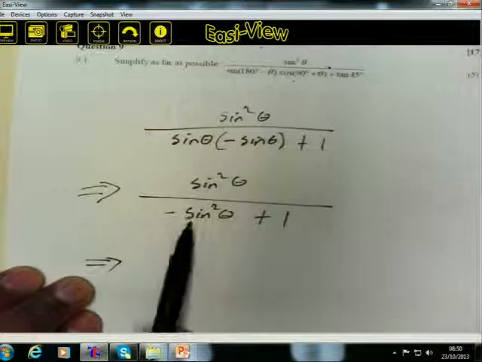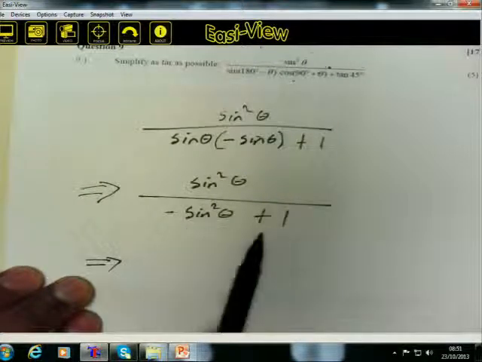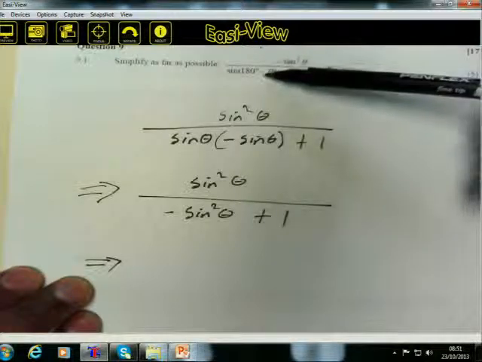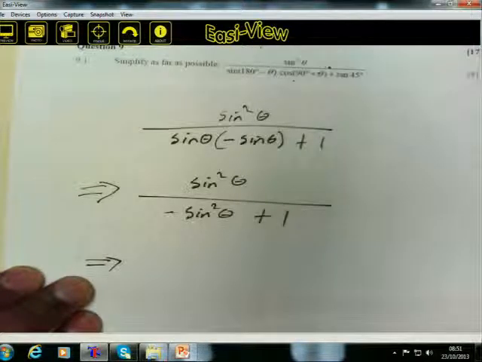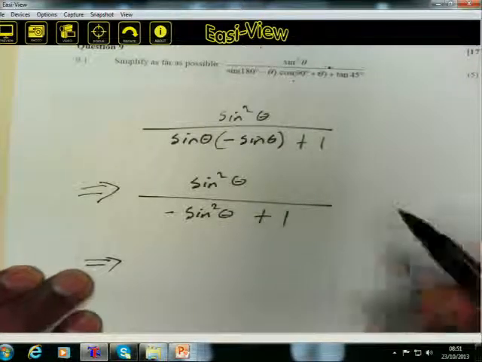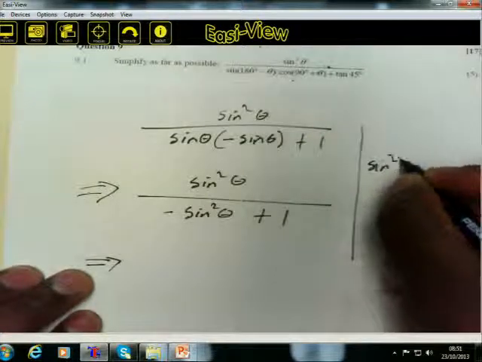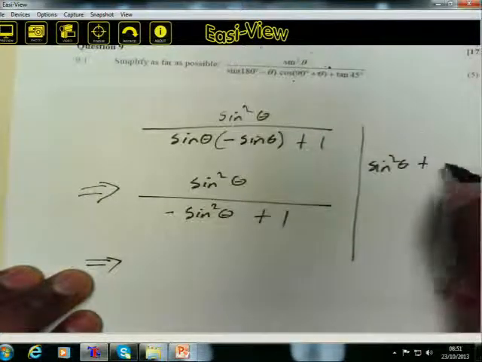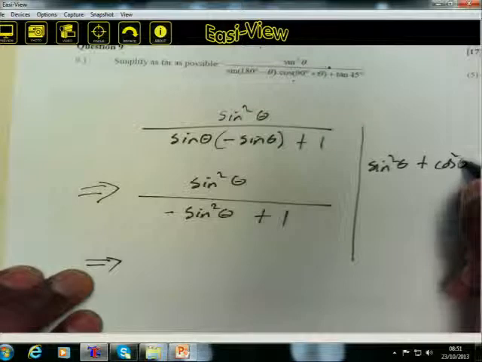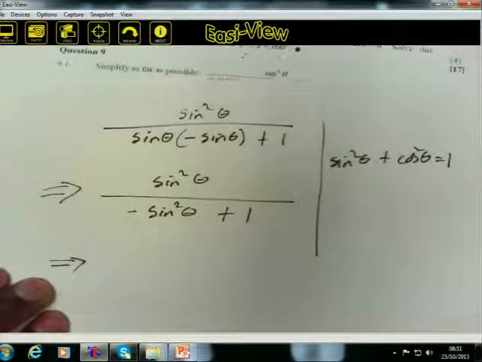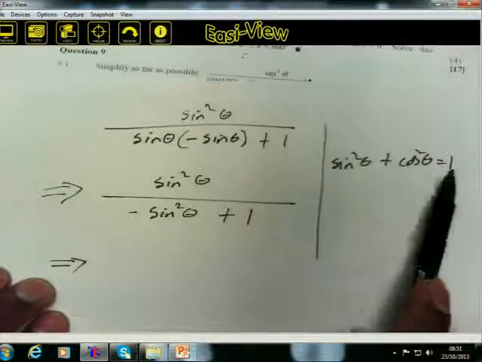This is a fundamental identity. You remember, I said every time a problem requires the application of the reduction formulae to a certain extent, you will also be required to know the fundamental identities. And you remember this fundamental identity. Let me show you here. Sine squared theta plus cos squared theta is equal to 1.